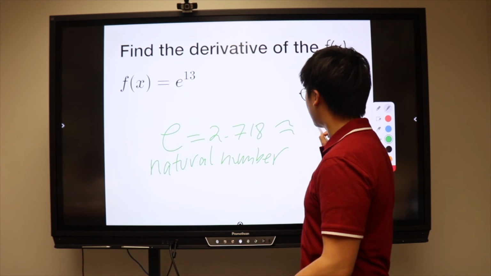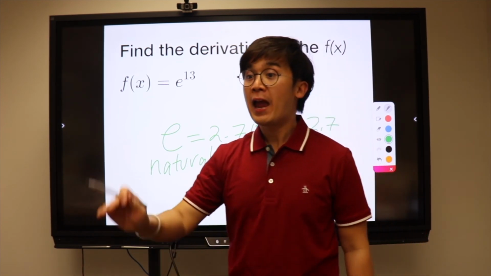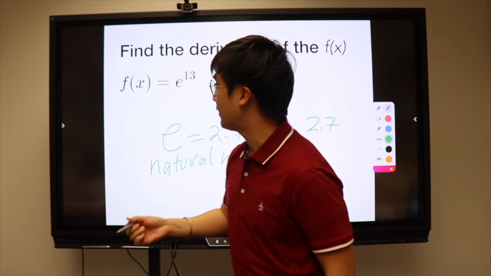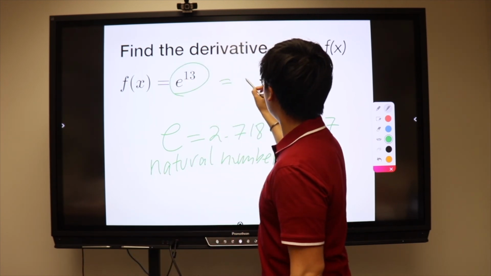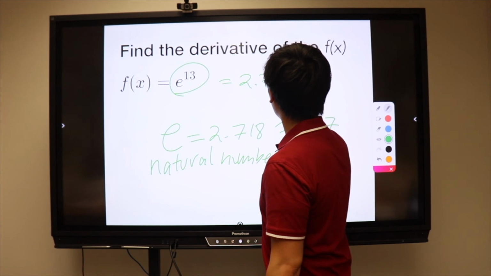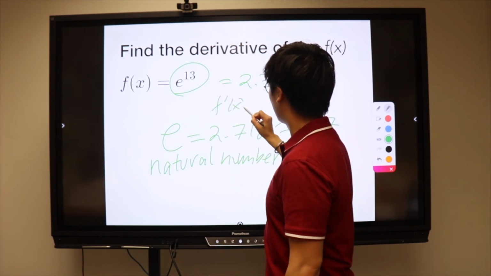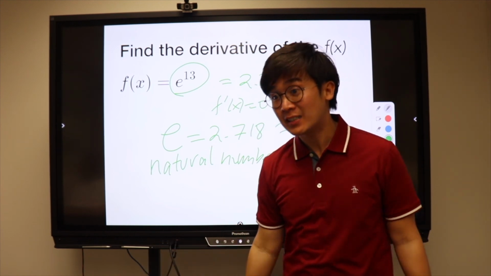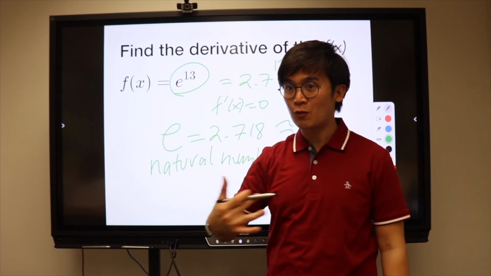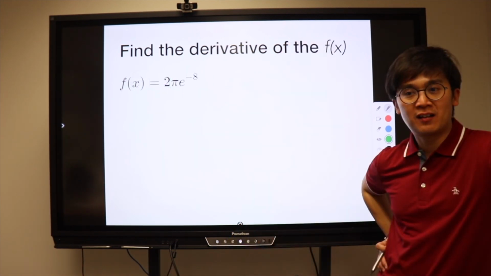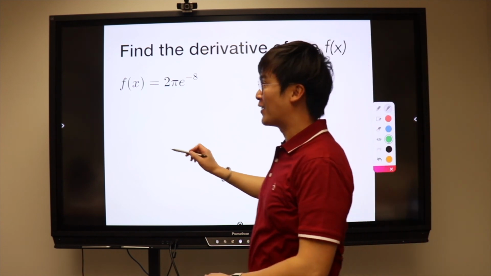So, loosely, 2.7. Every time you see an e, it's equal to 2.7. That's why the derivative of 2.7 raised to 13 is 0, because it's a constant. Now do you understand what I'm speaking about e? You're not finished yet? What is f prime of x? 0. And you solved for it?